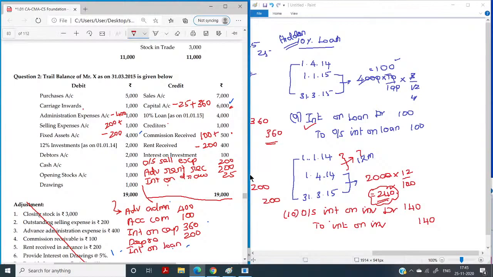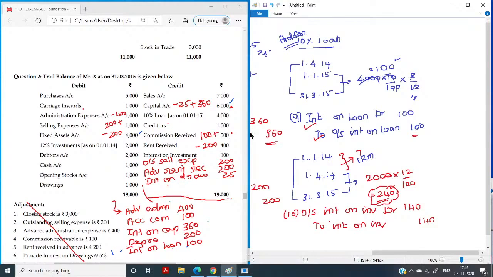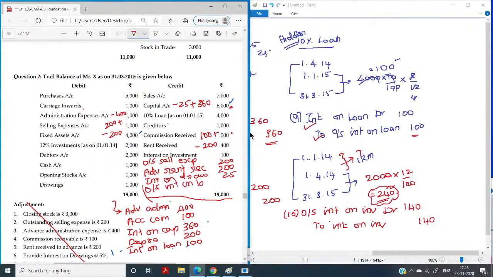So the interest on loan being 100, clear. And outstanding interest on loan, a new account comes in the credit side. We don't have the outstanding interest on loan already in the credit side. I'm going to post that in the credit side of the trial balance: outstanding interest on loan. The value here being 100.